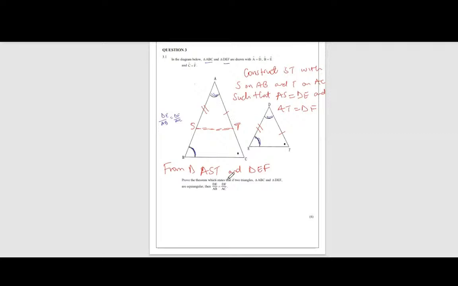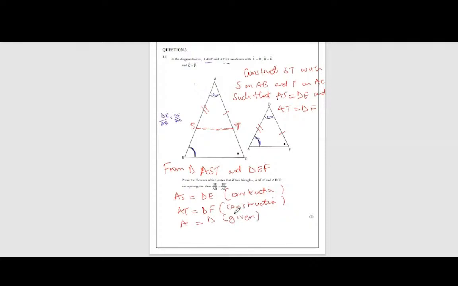We said side AS is going to be the same as side DE. The reason we give is that we did the construction. Then the same applies to AT being the same as DF, through construction. And lastly, originally they told us that angle A is the same as angle D, so this is given to us.